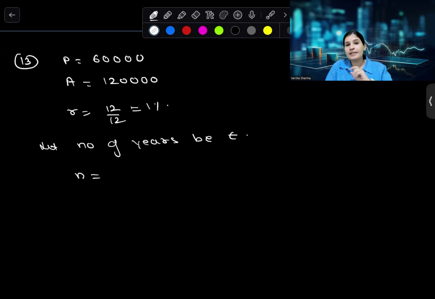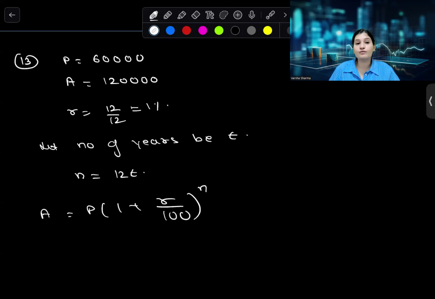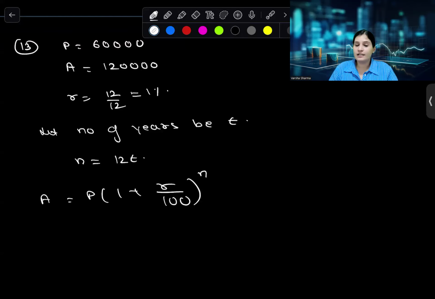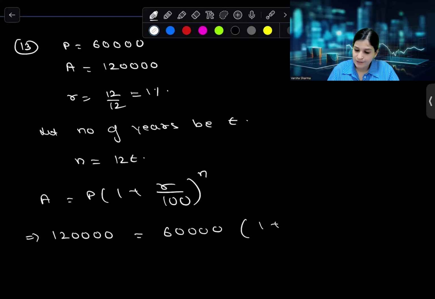So in t years, 12t. Amount 1,20,000 equals 60,000 into 1 plus 1 by 100 to the power 12t. They get cancelled. 2 equals 1.01 to the power 12t.